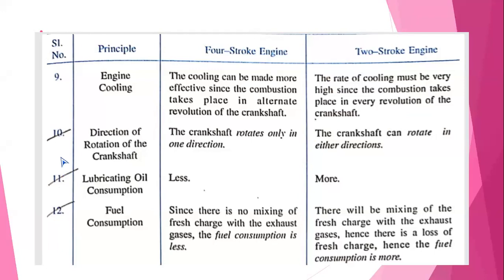Next, coming to the point, the direction of rotation of the crankshaft. See here, this is very, very important. The 10th difference between a two-stroke engine and a four-stroke engine: in a four-stroke engine, the crankshaft rotates only in one direction. Remember, in the four-stroke engine, the crankshaft rotates only in one direction.